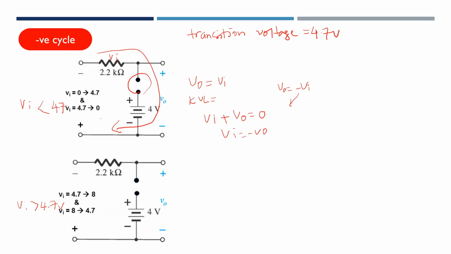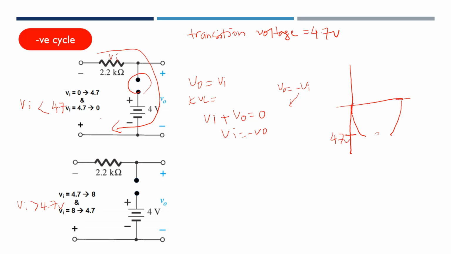At this moment when we draw a graph, we look at our circuit from the negative cycle. We go from 0 to 4.7 volt. Whatever the value of the VI, this V out will follow, so we follow until 4.7 from here.